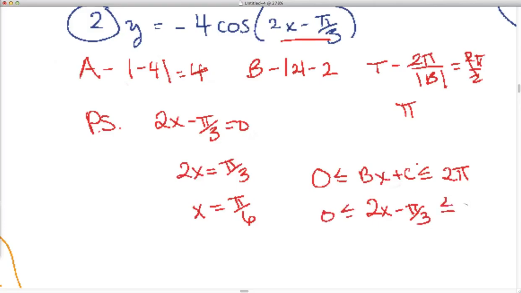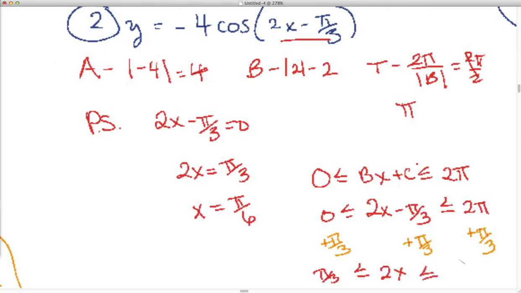So solve for x: add pi over 3 to all sides. When you do so, this side is pretty straightforward.